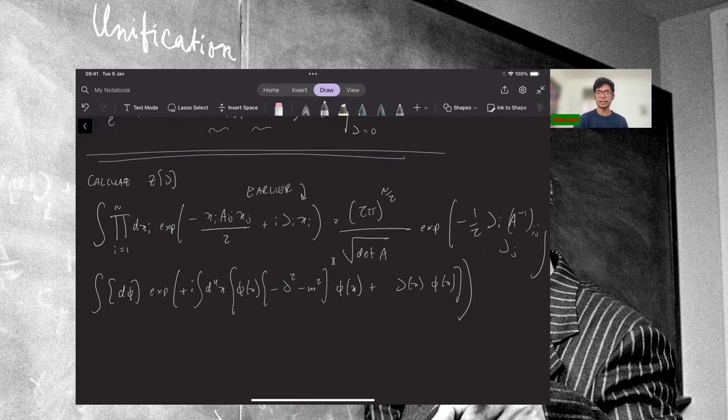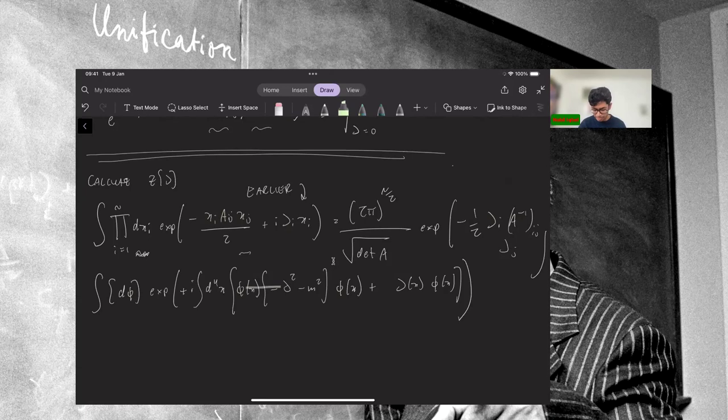So now that we have these two things, we can stare at them together. Here we're integrating a finite dimensional variable with some quadratic piece, some matrix A multiplying x_i and x_j, and there's a linear piece in J. And the answer is the inverse of the quadratic thing with two powers of the J. This takes basically the same form, because we're integrating over my field phi, and here's a phi of x and a phi of x.